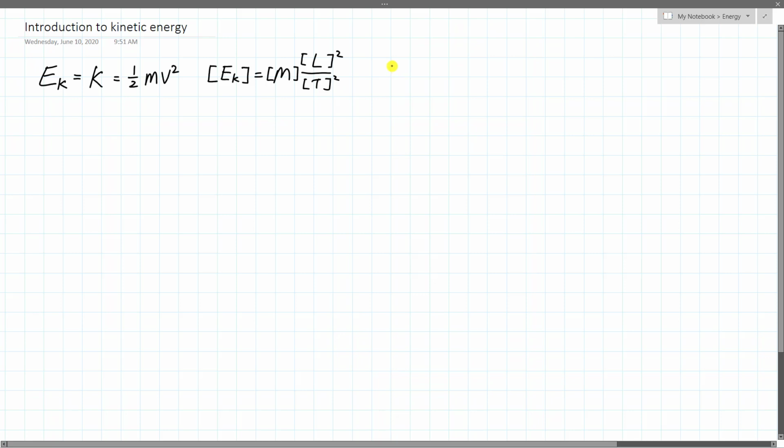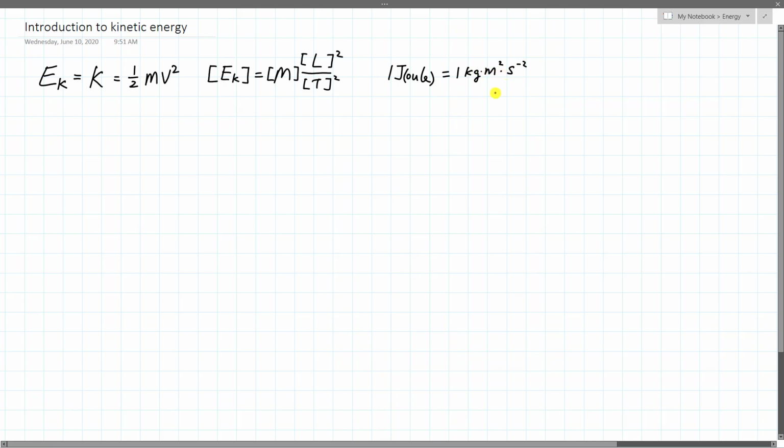So I can define this new unit called J, or joule. One joule is one kilogram times meter squared per second squared, so second to the -2 power, all multiplied together.